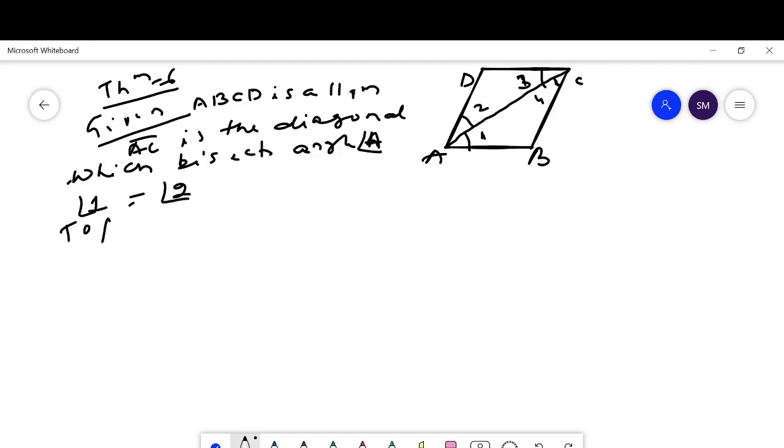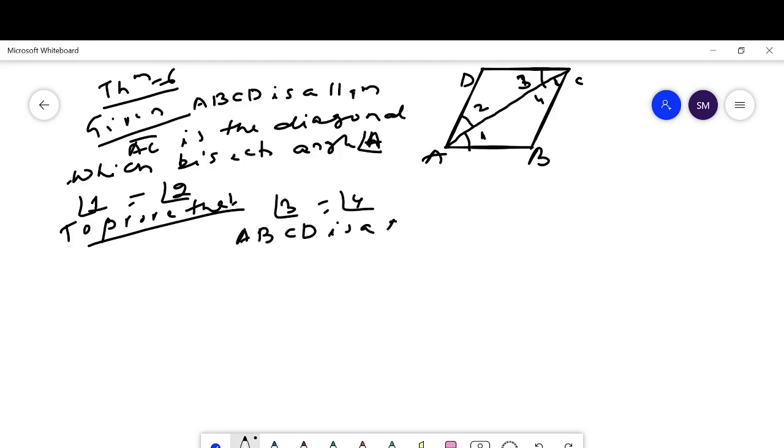Then to prove that angle 3 is equal to angle 4, which means the AC diagonal also bisects angle C, and ABCD is a rhombus.